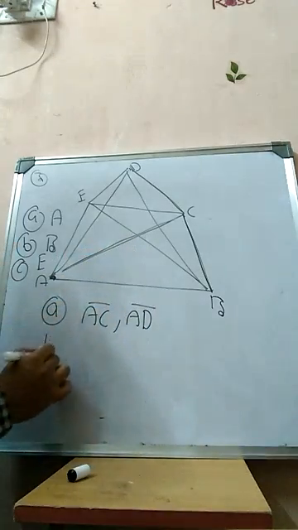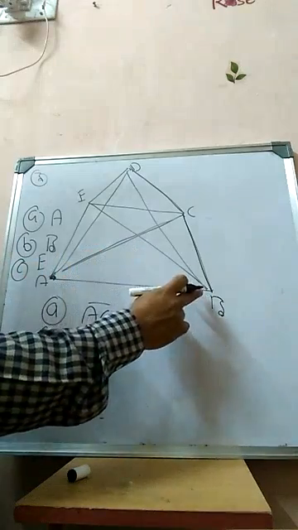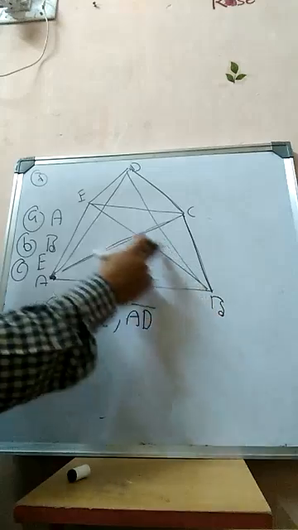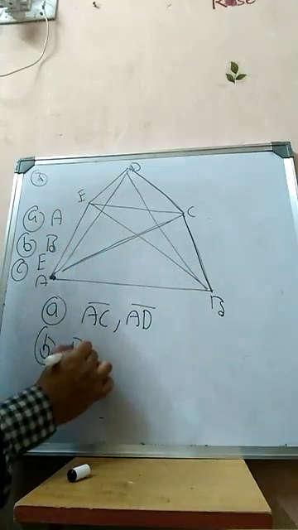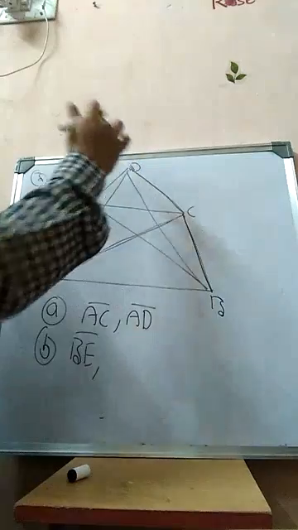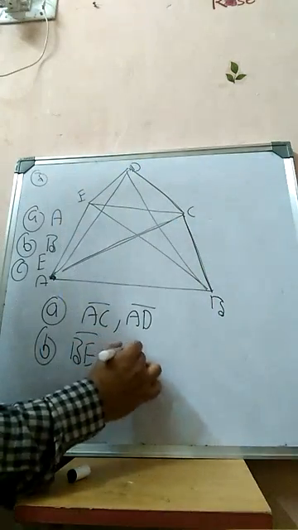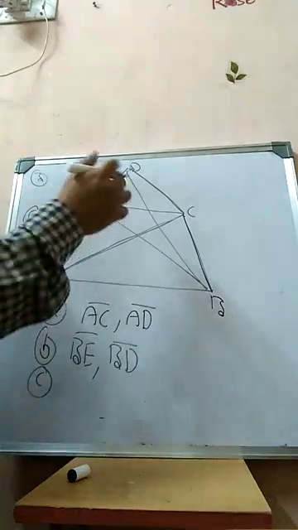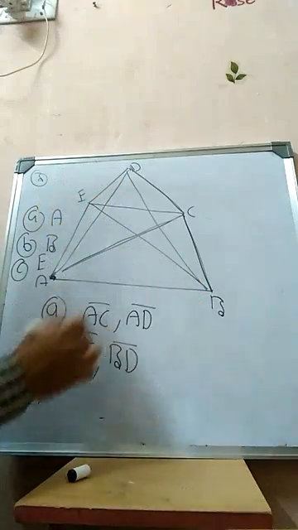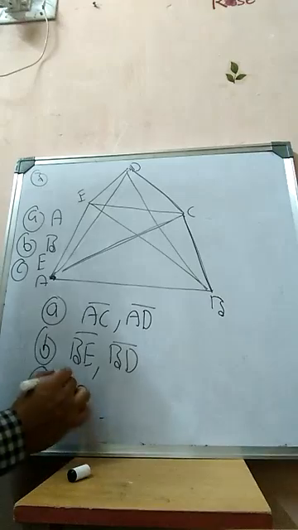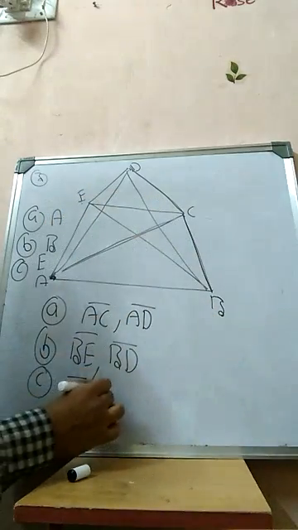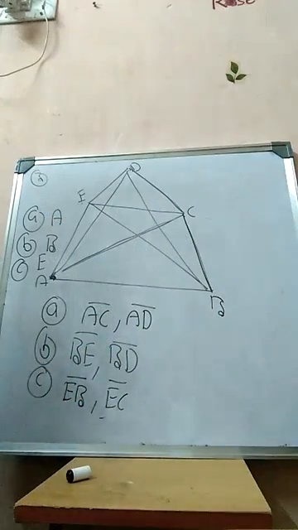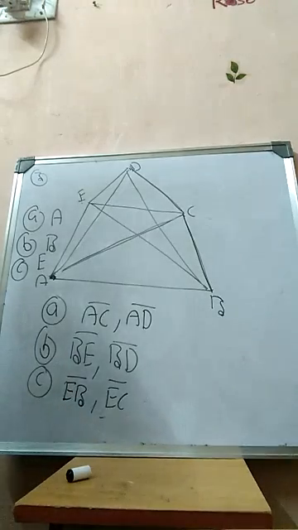Next, from B. Where is B? Here. From B, the diagonals are BE and BD. Next, from E, the diagonals are EB and EC. So these are the basic things touched in this exercise, and one more problem we'll see in this exercise.